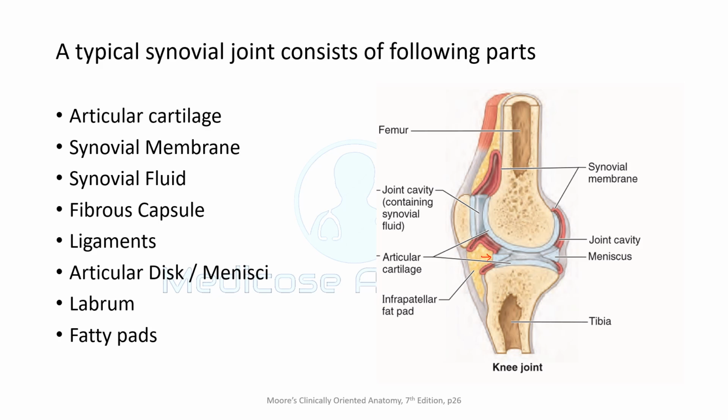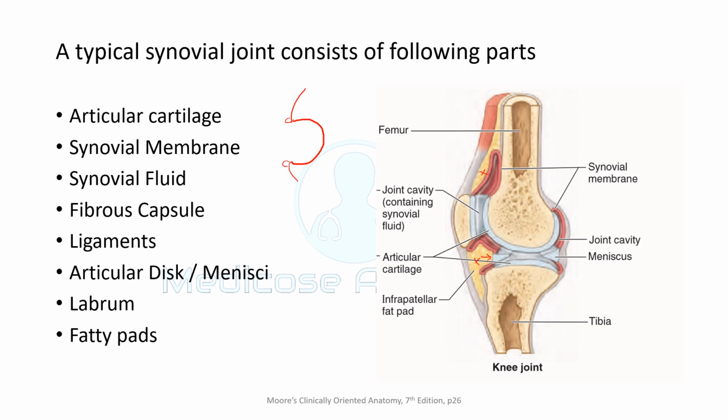Labra are present in the glenoid cavity, that is in the shoulder joint, and in the acetabulum, that is in the hip joint. If the bony socket is this shallow, additional cartilage is present around the margins that deepens the socket and makes the joint stable. And then there are fatty pads. You can see the rest of the irregular surfaces are filled with fatty pads. So these are all the structures that are present in a joint.